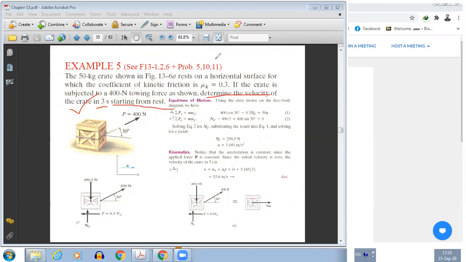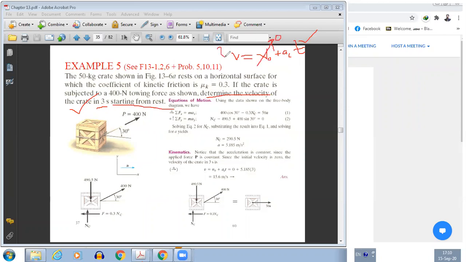So for constant acceleration, we can use equation number 7, most probably. So it was v equals v naught plus a c t. Okay, so time is given as 3 seconds. Initial velocity was 0, starting from rest.